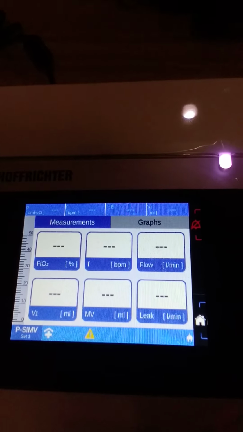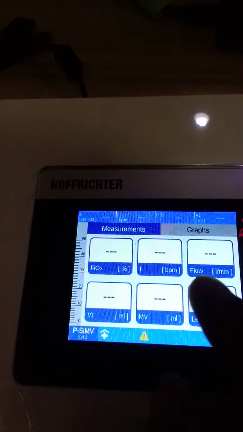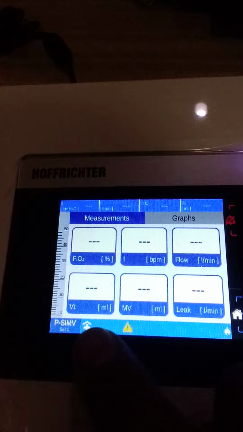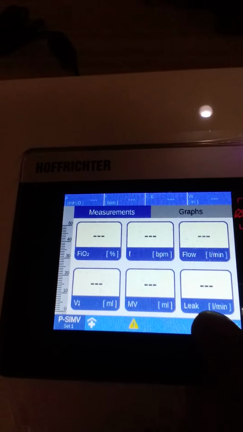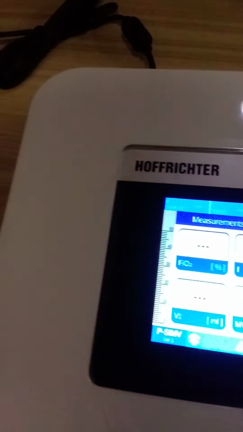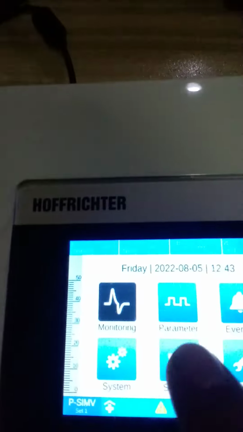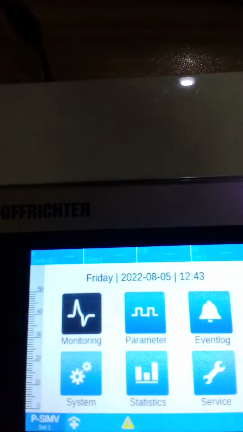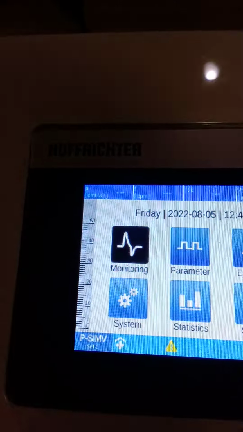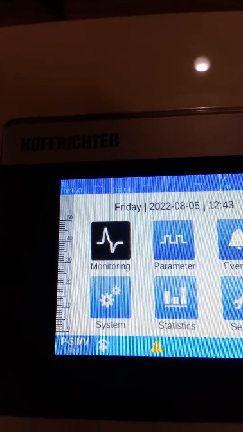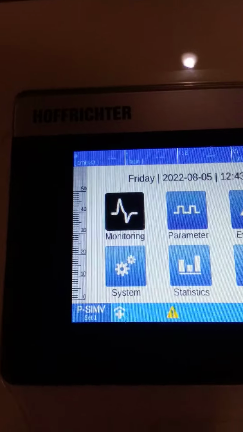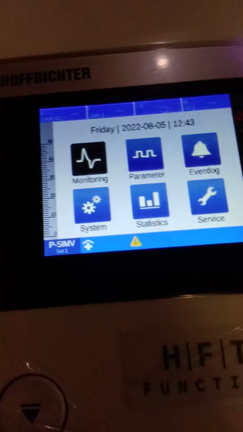Here is monitoring parameter, so monitoring of FiO2, frequency, flow rate, tidal volume, minute volume and leakage will be shown in this screen, and there are some parameters shown above, and this is the parameter where ventilation pressure is going to be shown.